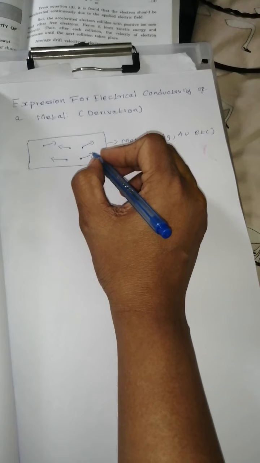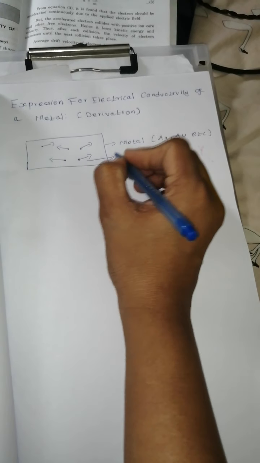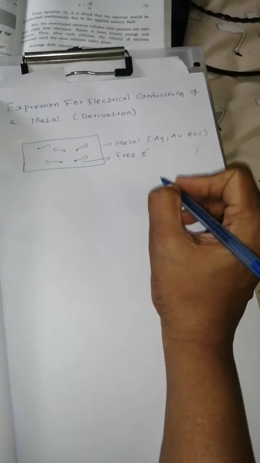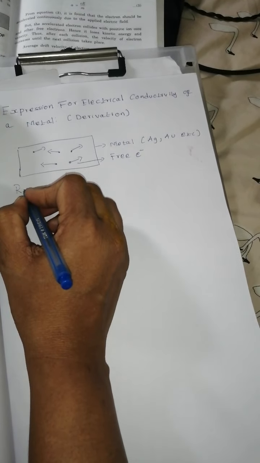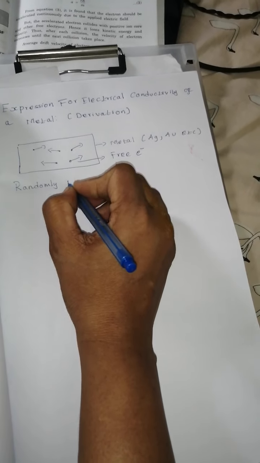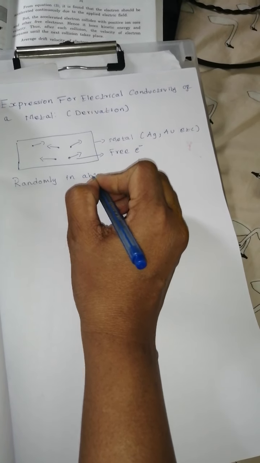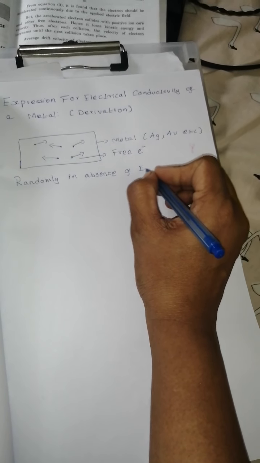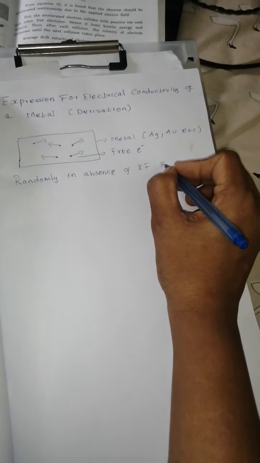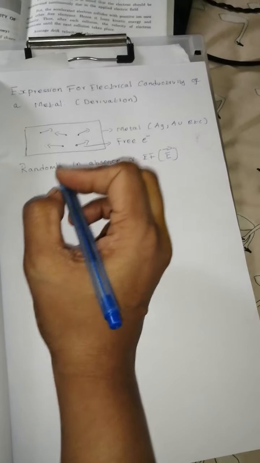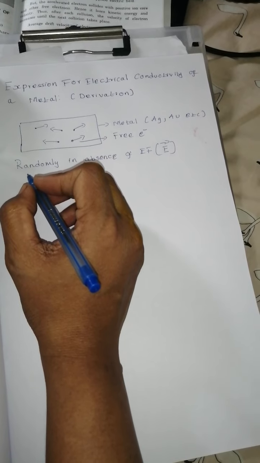Do you know that a metal consists of free electrons? These free electrons are moving randomly in the absence of electric field E. I'm specifying a vector because electric field has both direction and magnitude.